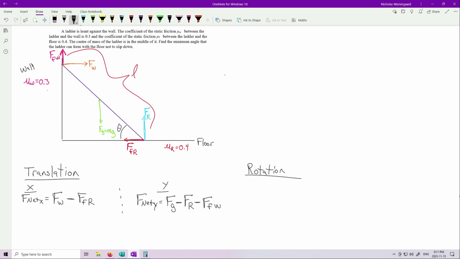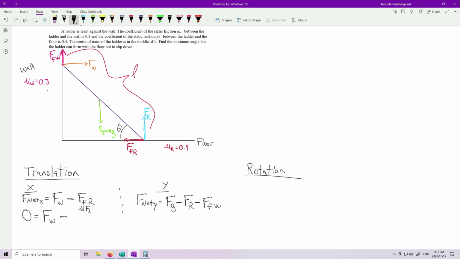Okay. I said we should start with translation first. Let's see what we can figure out. I know net force is 0. F wall, there's no formula for the force from the wall. But how do we find friction? Friction is always the coefficient multiplied by the relevant normal force. What's the coefficient of friction on the floor? 0.4.